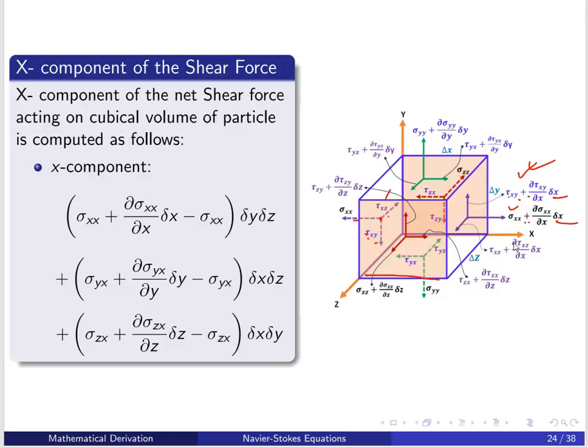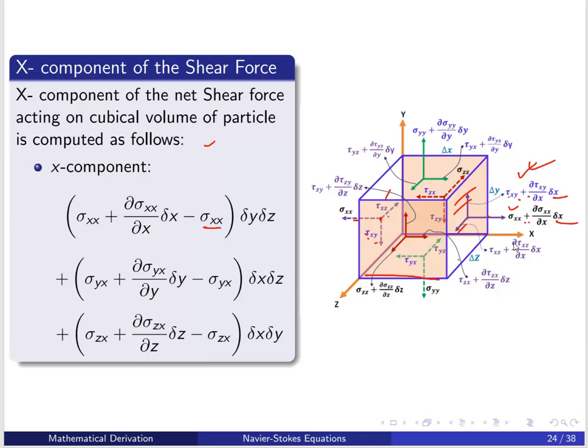So now on these 6 faces, in the x direction, 2 shear forces and 1 normal force are acting. Here the x component of the net force acting on the cubical volume of the fluid particle is computed as follows. The x component is sigma xx plus dou sigma xx by dou x into del x, minus sigma xx.